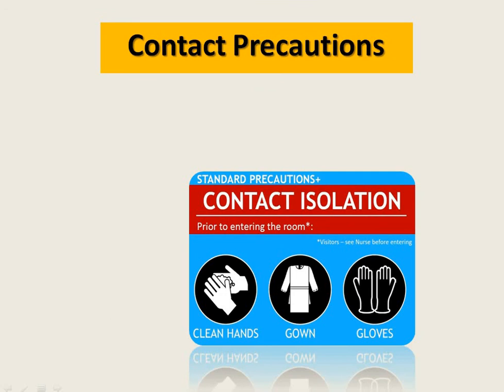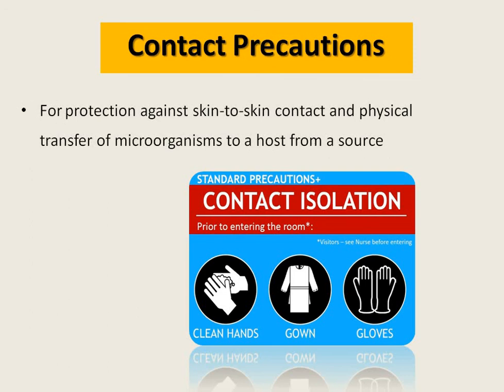So about the contact precautions. If a person is found positive, and then the person is living in his house, family or society, how should we decrease the spread? This is called contact isolation, and before entering the room, we should clean our hands, we should have clean gowns, we should have clean gloves, and this will decrease the infection.